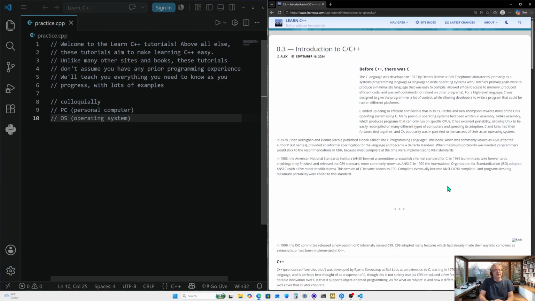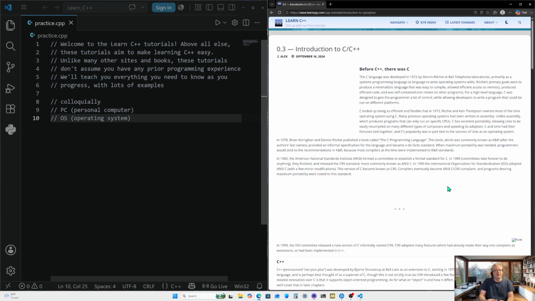It was developed primarily as a system programming language, a language to write operating systems with. Ritchie's primary goals were to produce a minimalistic language that was easy to compile, allowed efficient access to memory, produced efficient code, and was self-contained, not reliant on other programs.